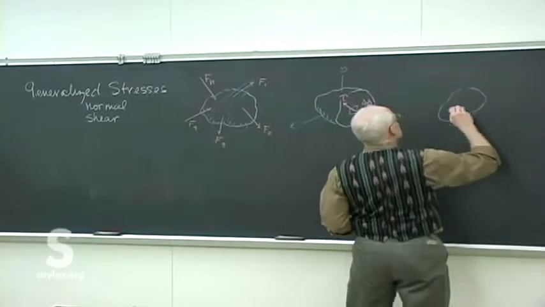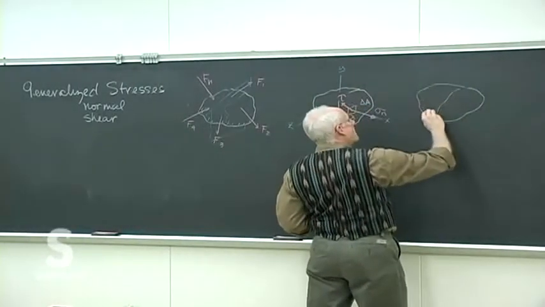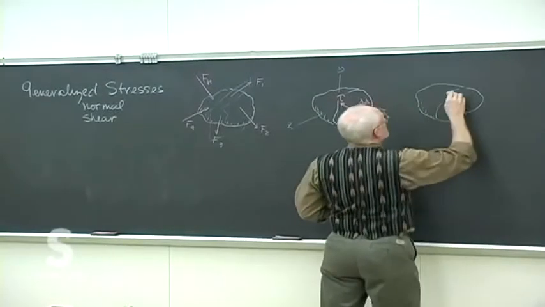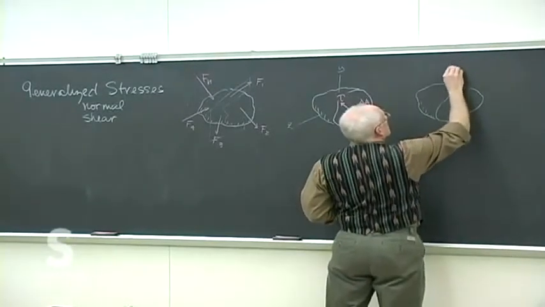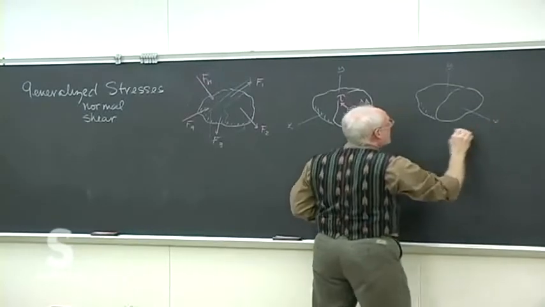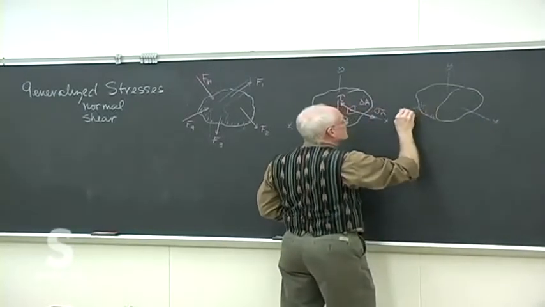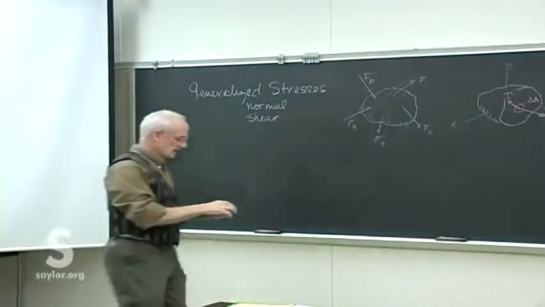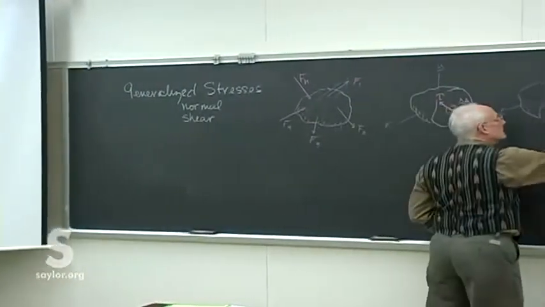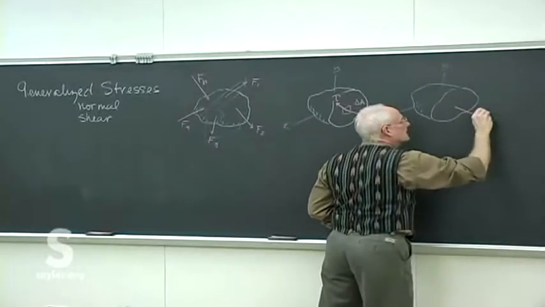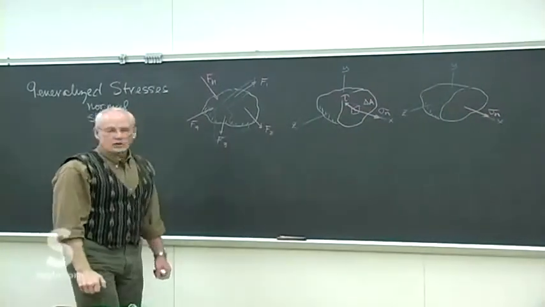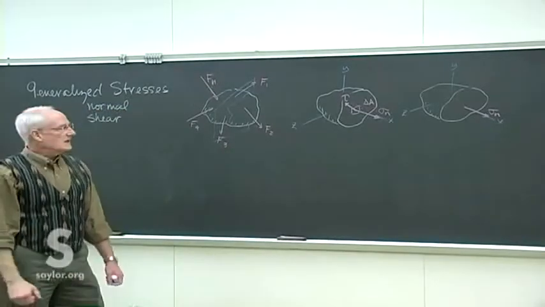We'll take this exposed face with this coordinate system conveniently located on the center of our piece there. We've got this normal component of the stress in the x direction.